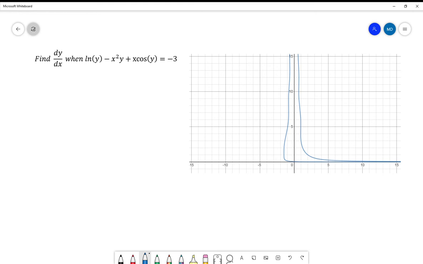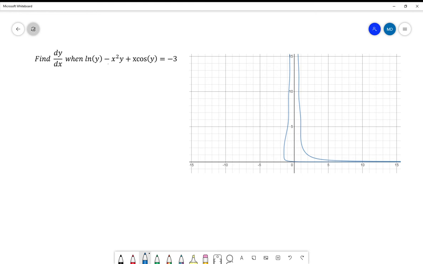Now, this is a bit more difficult because we've got things being multiplied together here, and it ends up with a lovely looking curve like this. And if you're at all interested in this, I would recommend you use some kind of graphing program like Desmos or something along those lines, and just try out different values of this. Have everything else the same and just try out different values of that negative 3 and see what happens. It's quite an interesting curve with interesting properties. But for now, we're dealing with this.